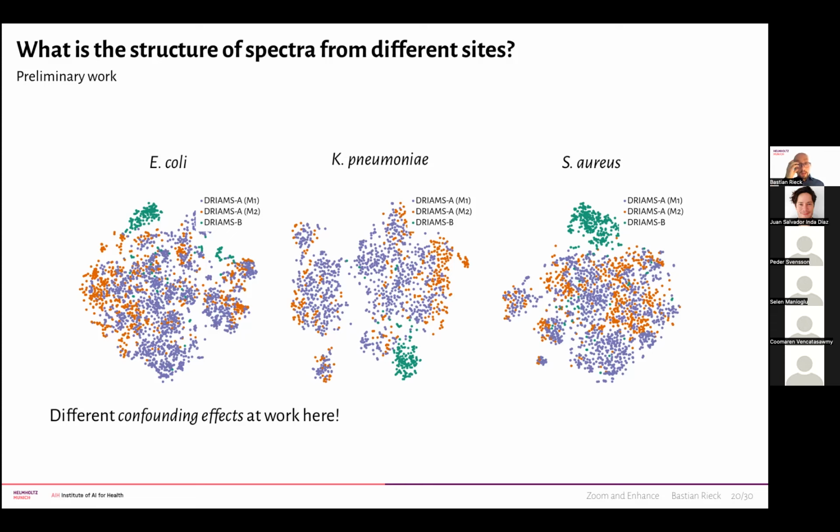But of course, the fact that you have some kind of clustering, even with the two machines from the same hospital, maybe tells us that there's something going on that we don't understand. Maybe there's some step that could be done to remove these, let's call them batch effects for now, right? So maybe there's something missing. Maybe we could improve the representations or make them generalize somehow. I think that is going to be a challenge for the future.